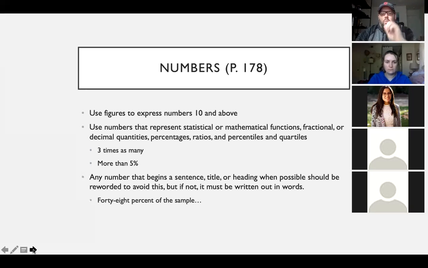If you have any word that begins a sentence, a title, or a heading, when possible, it should be reworded to avoid this. But if not, it should be written out in words. So example here, 48% of the sample. It should not be numerically written out, but instead, it should be written out as the word forty-eight.